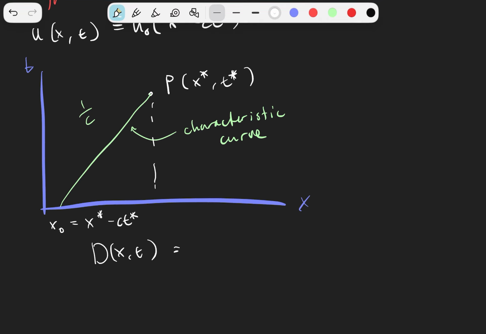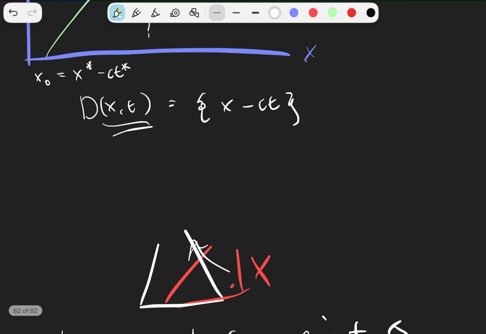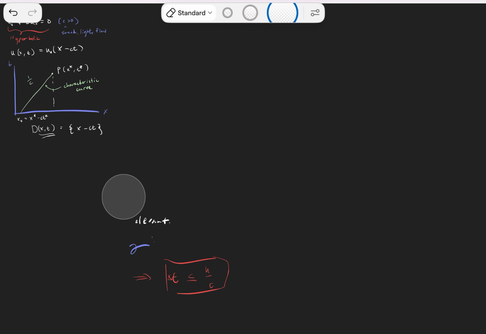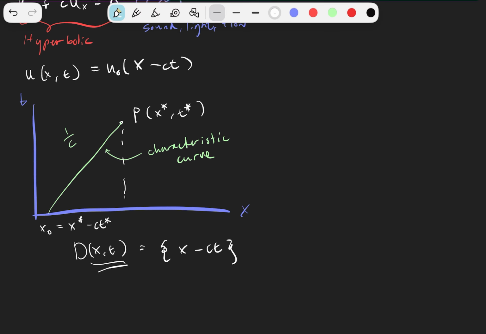It would simply be anything that's along the set of everything along this line, okay? That's all it is. And what it's saying is that along this characteristic curve, the value depends, oh God, I forgot to erase some stuff, sorry. This is from old notes. But the value depends only on information from exactly one point in the past. All right?